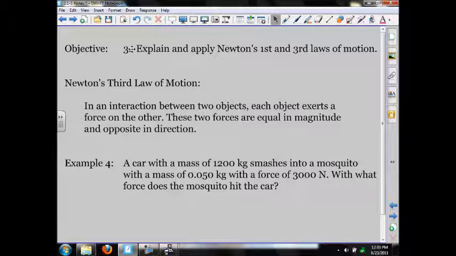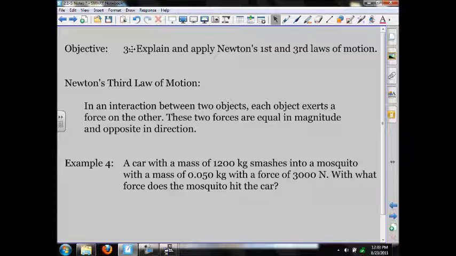It says that a car that has a mass of 1,200 kilograms hits a mosquito that has a mass of 50 grams. That's a big mosquito. Probably just 6.0 with a force of 3,000 newtons.